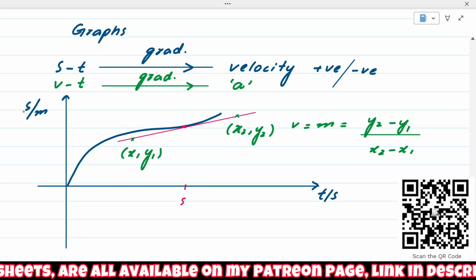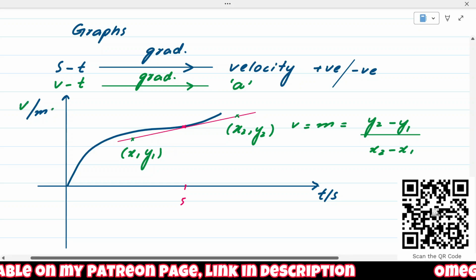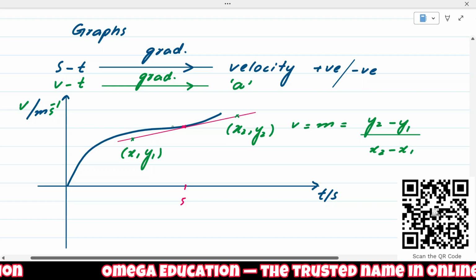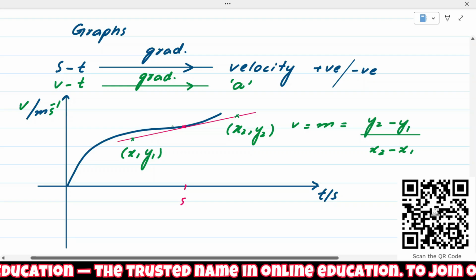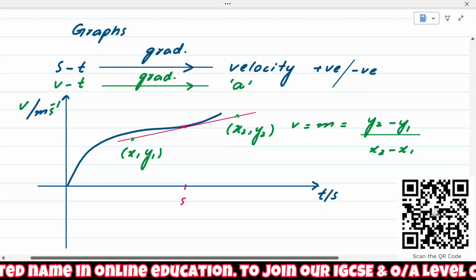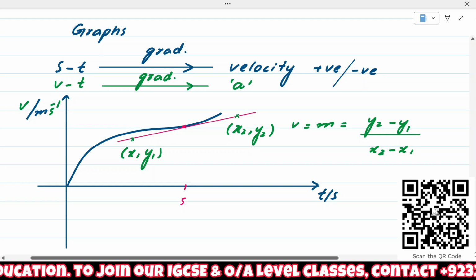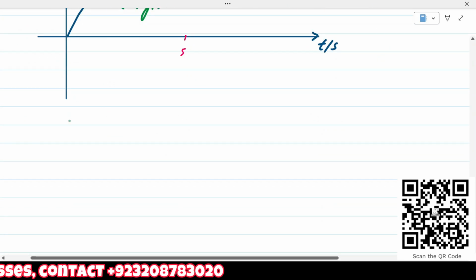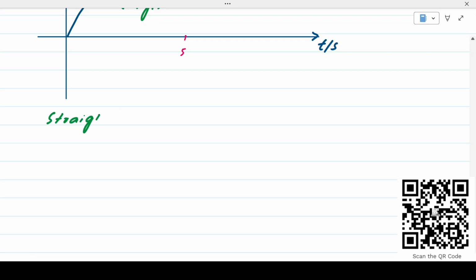So if this is a velocity time graph and you simply find the gradient of this graph at a specific instant, then you will get the acceleration at that point. So in your syllabus, the graphs could be either straight lines or they could be curves.